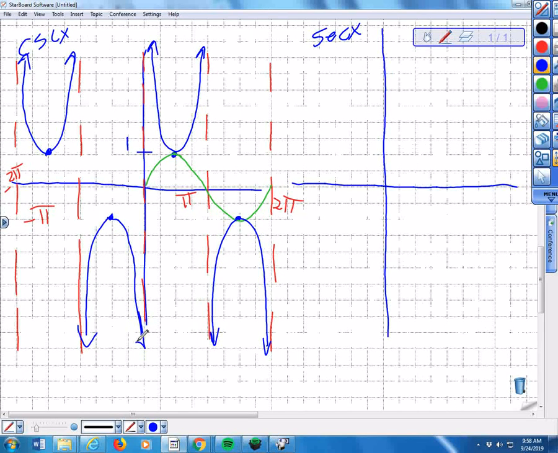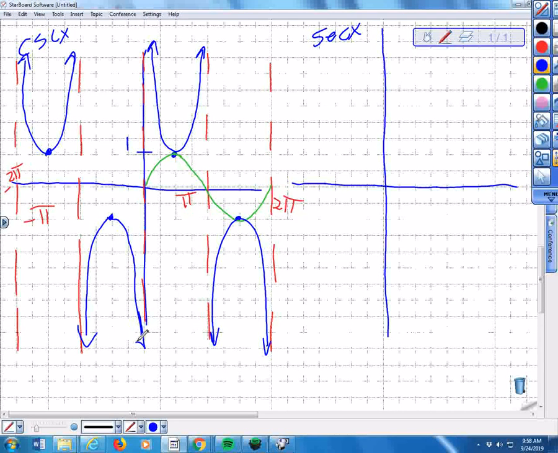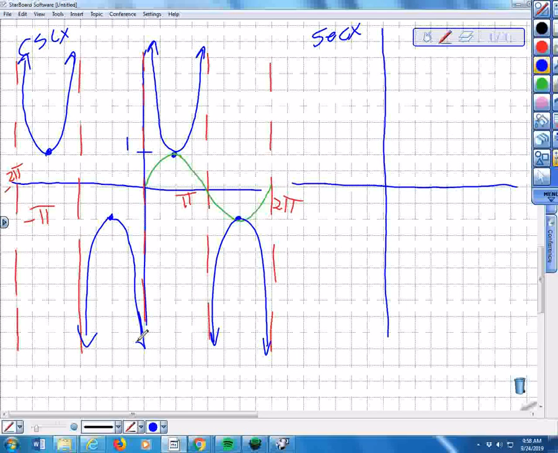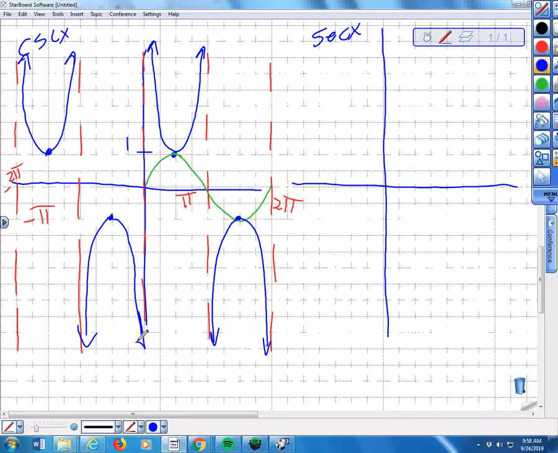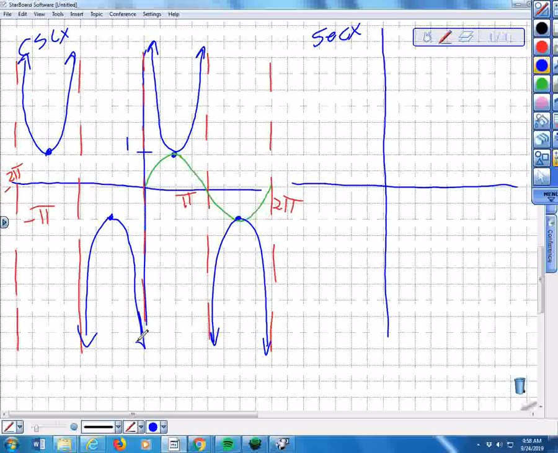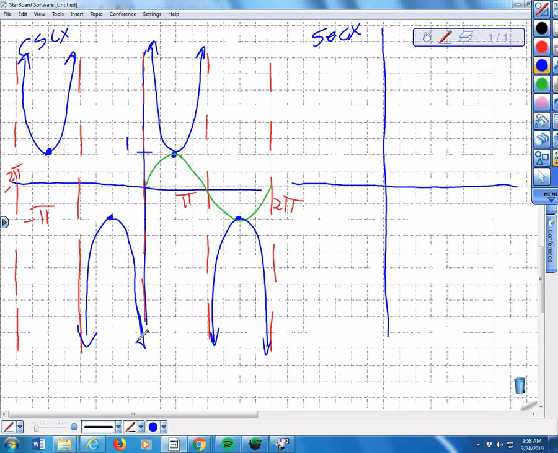So 2 pi. It's going to have the same period as sine. Do you see that? It just doesn't connect. It'll never connect, but you can see the pattern, and it takes 2 pi to start that pattern over again. That's what period means.